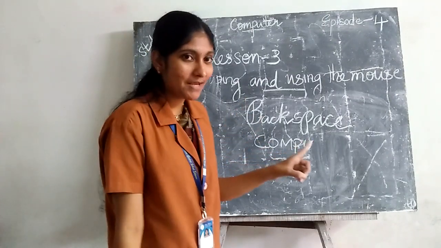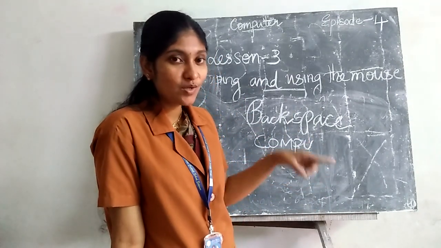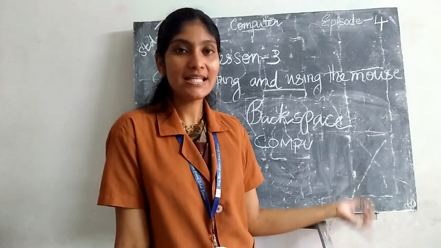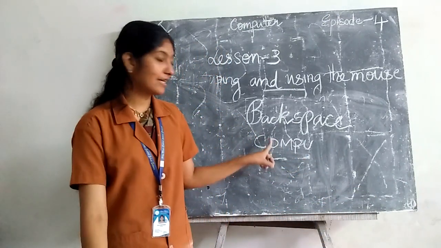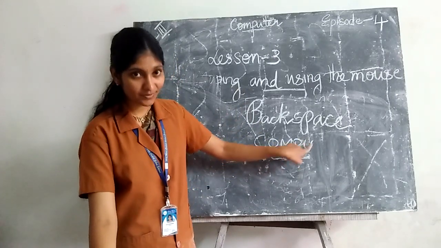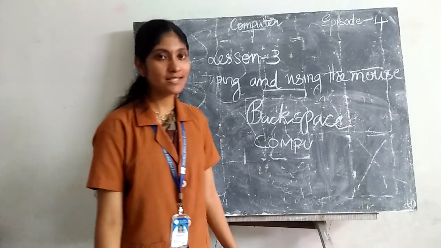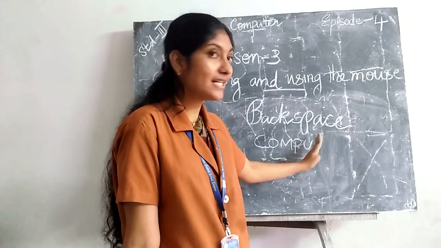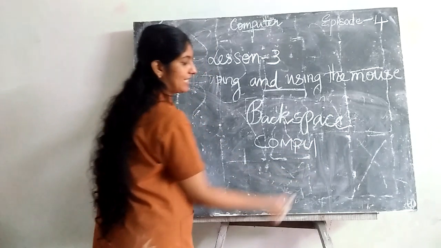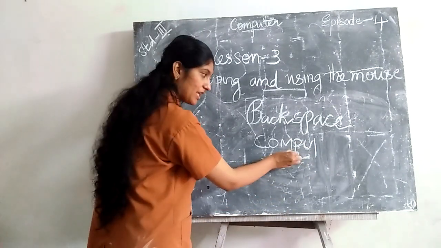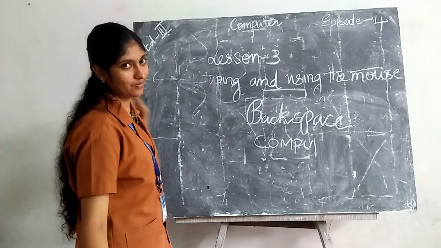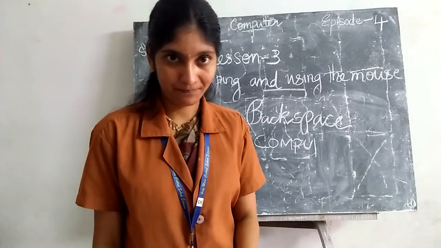That means the backspace key erases the letter to the left of the insertion pointer, the character on the left side of the insertion pointer. Right? That is the backspace key.